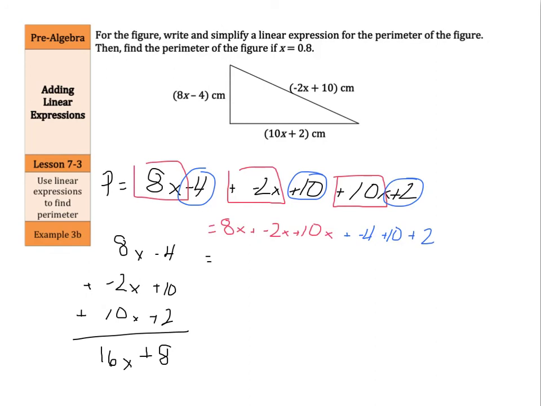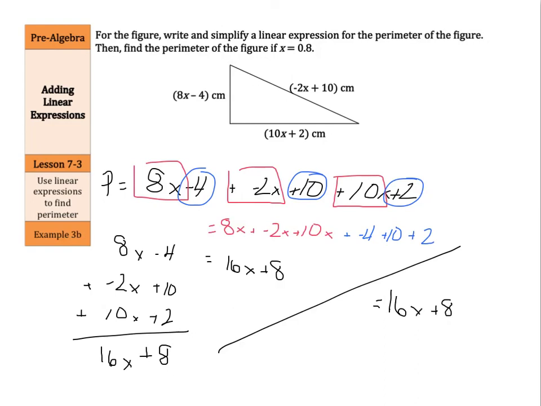And we're just basically adding it the same as we just did, except we're writing it more horizontal. 8x plus negative 2x is 6x plus 10x is 16x, so 16x. And negative 4 plus 10 is 6, plus 2 is 8, so plus 8. And again, the reason I keep showing this multiple ways is because you may prefer one method over another. And so, again, do whichever method you're most comfortable with. So we have our linear expression simplified to be 16x plus 8.